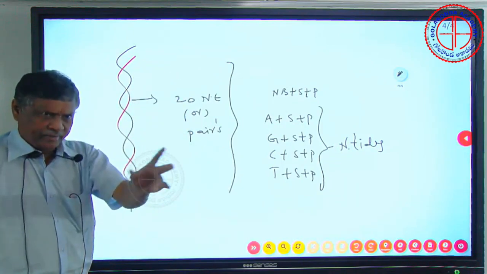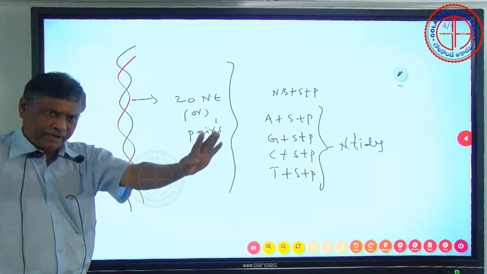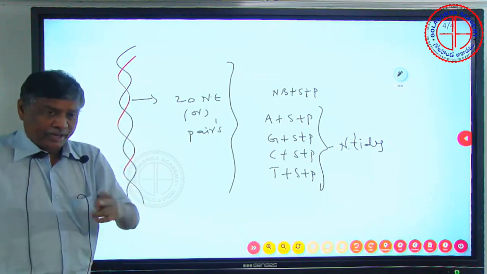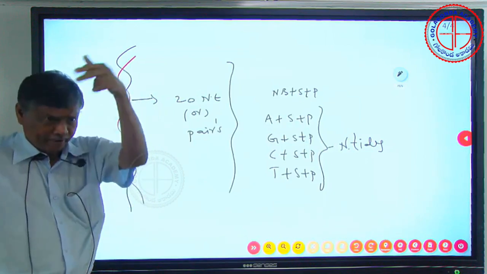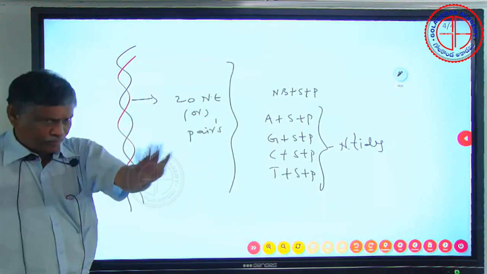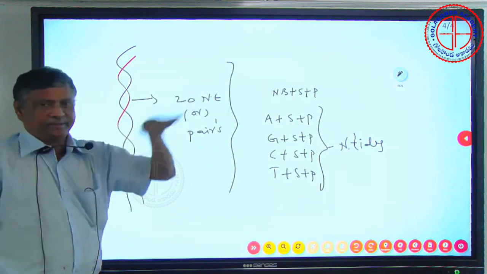A nucleotide is the nitrogen base, sugar and phosphate, and the total number of nucleotides is 4. The total number of nucleosides is 4. A nucleoside is the nitrogen base combined with sugar only. The number of nucleosides is equal to the number of nucleotides.